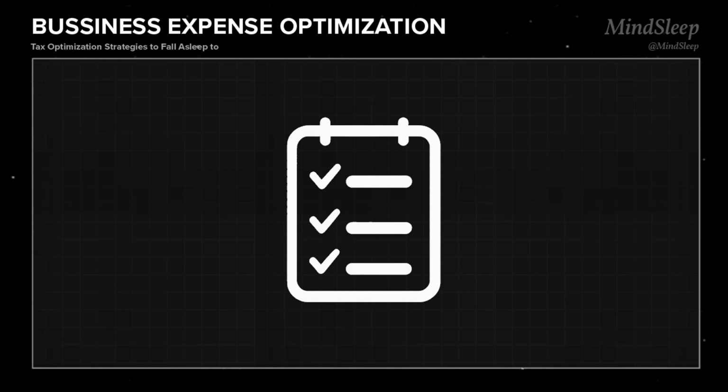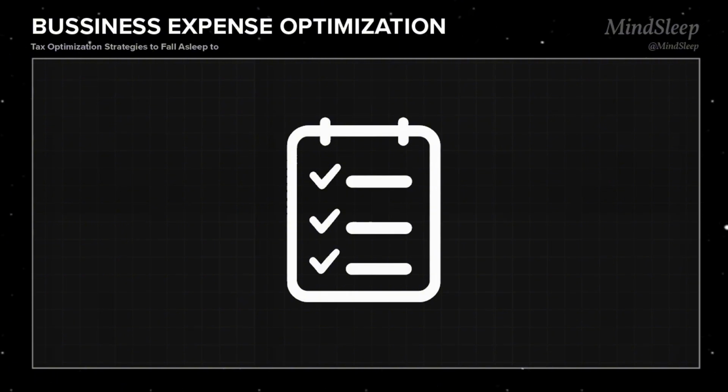We may see a shift towards more principle-based regulations, allowing for greater flexibility in interpretation, but also requiring more sophisticated justification of expenses. The rise of big data and artificial intelligence is likely to revolutionize expense tracking and optimization.